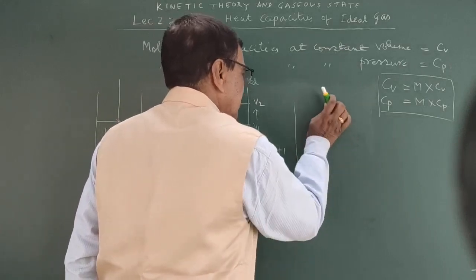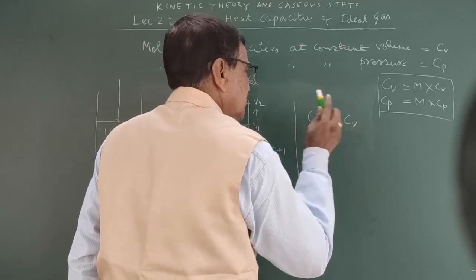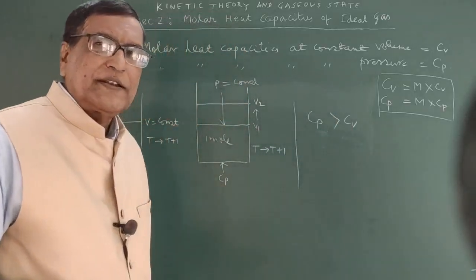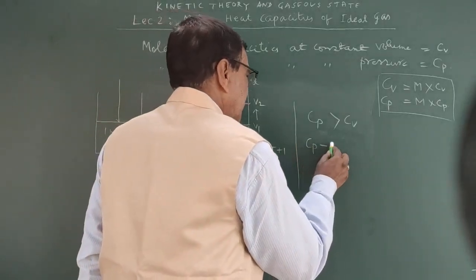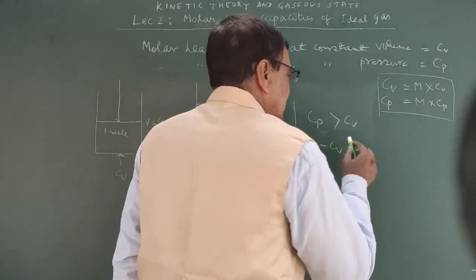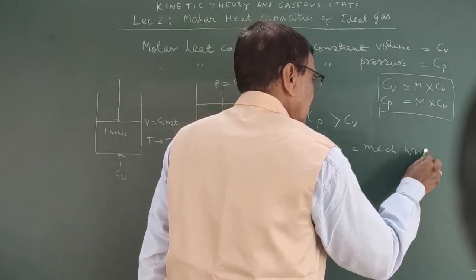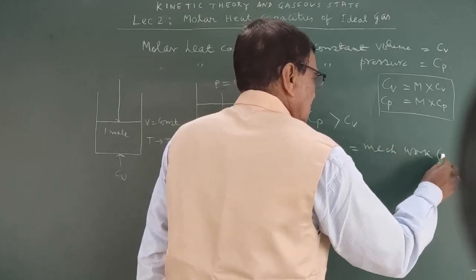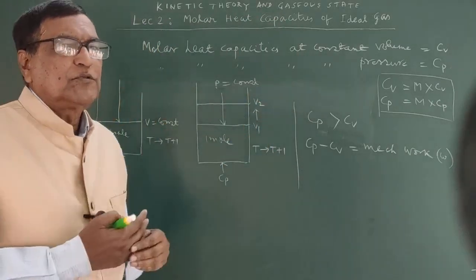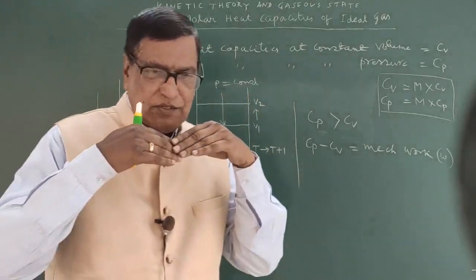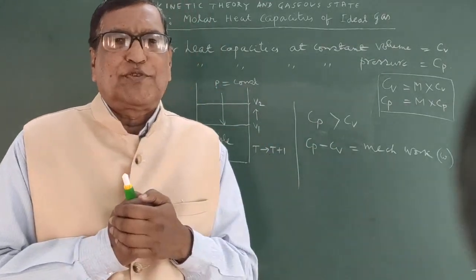So Cp is greater than Cv. How much greater? Cp minus Cv, you can write as the mechanical work W done by this gas, and for doing that work, an additional amount of heat will be absorbed.